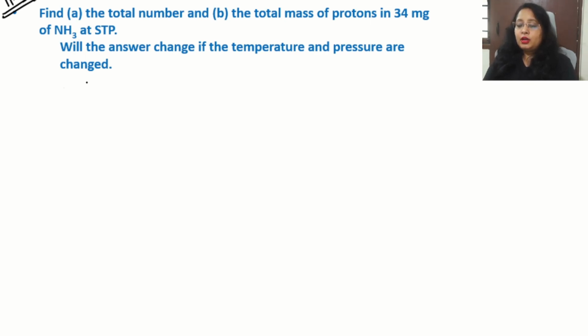So first of all, for ammonia, we will find the number of protons in one molecule. 1 molecule of ammonia contains, now nitrogen is having 7 electrons, so the number of electrons is equal to the number of protons present in any atom. So we will write 7 protons, plus hydrogen is having 1 electron, so 1 proton also, we will write 1 proton into 3.